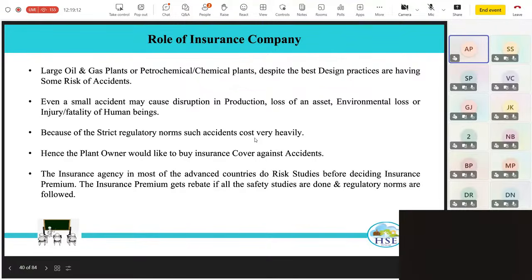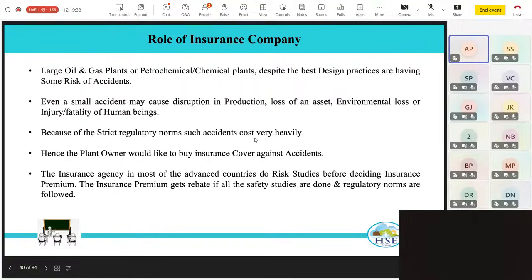Because of the strict regulatory norms, such accidents cost very heavily. You have to pay compensation. Suppose the asset is lost, then you have to recreate that asset or maybe import a machine, probably a compressor station or something like that. So because of strict regulatory norms, such accidents cost very heavily.